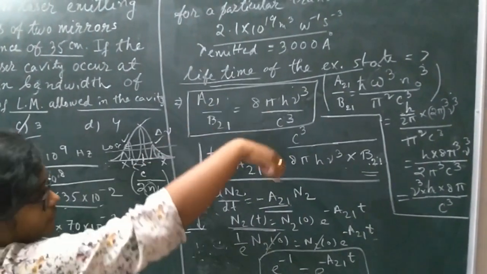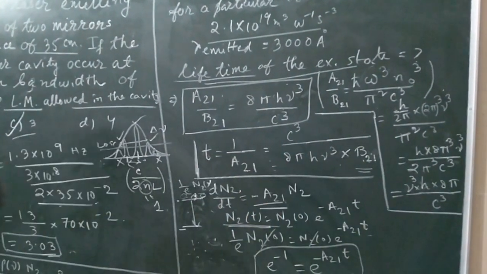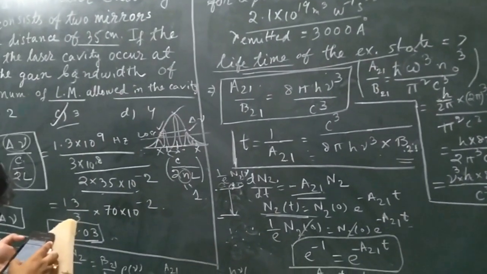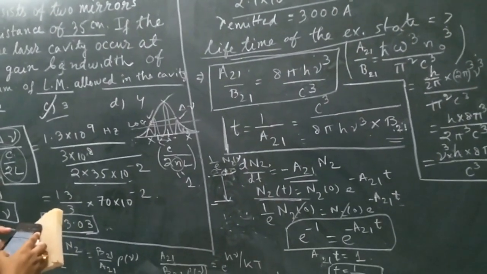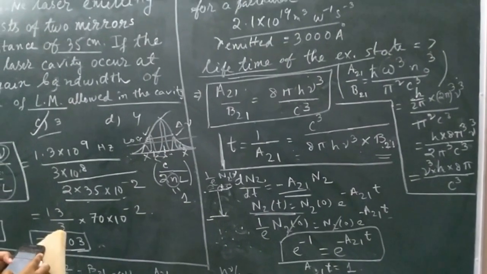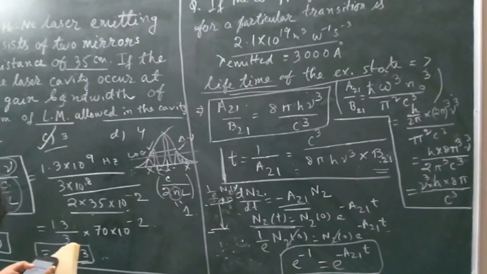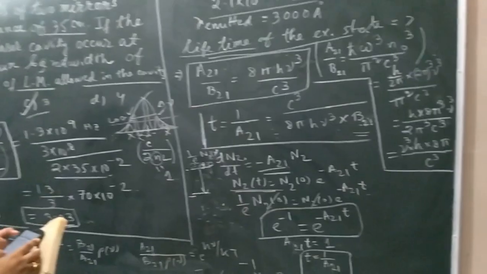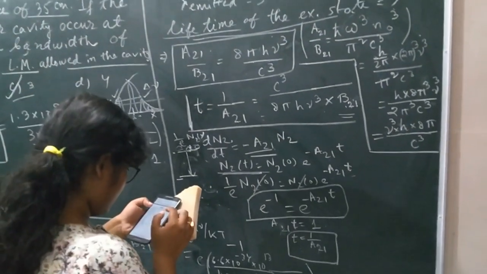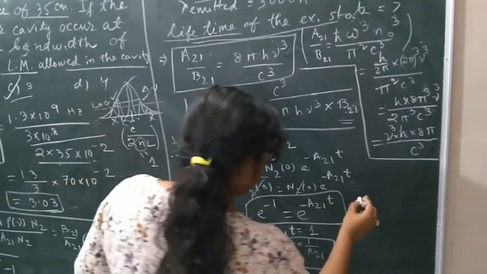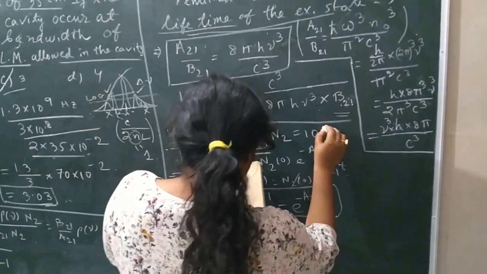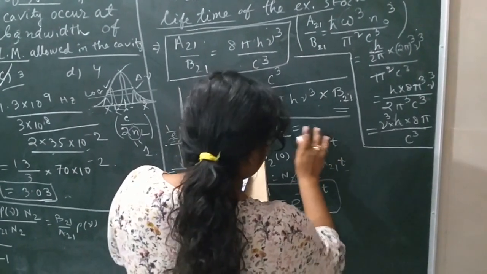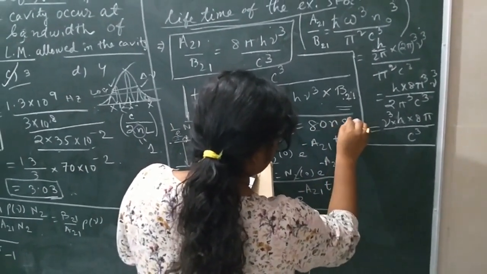So you calculate this and you get the answer. I have not calculated it, but please calculate it. The options are 20 nanosecond, 40 nanosecond, 80 nanosecond and 100 nanosecond. The answer will be 80 nanosecond. So please calculate it.